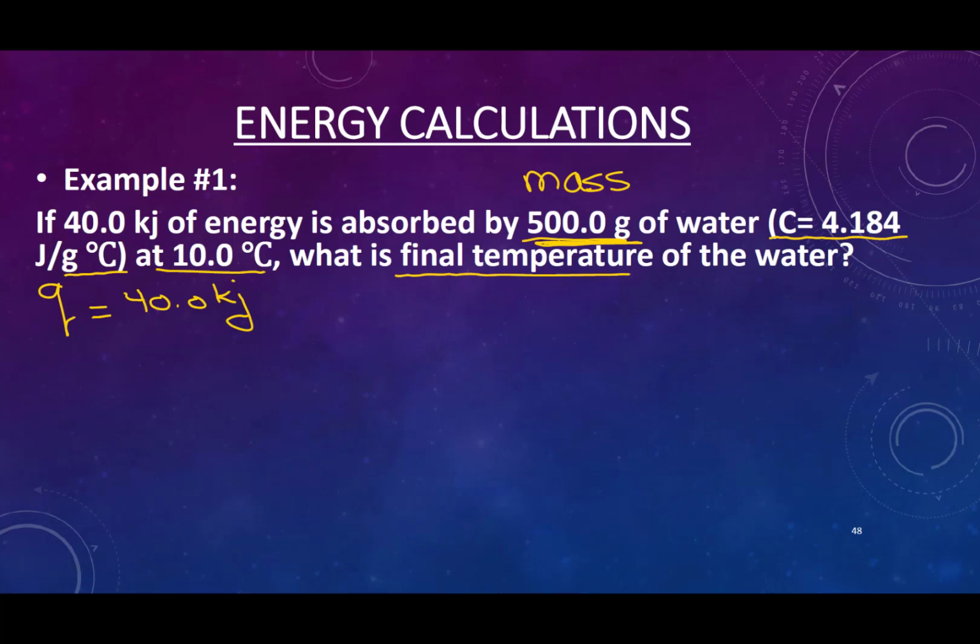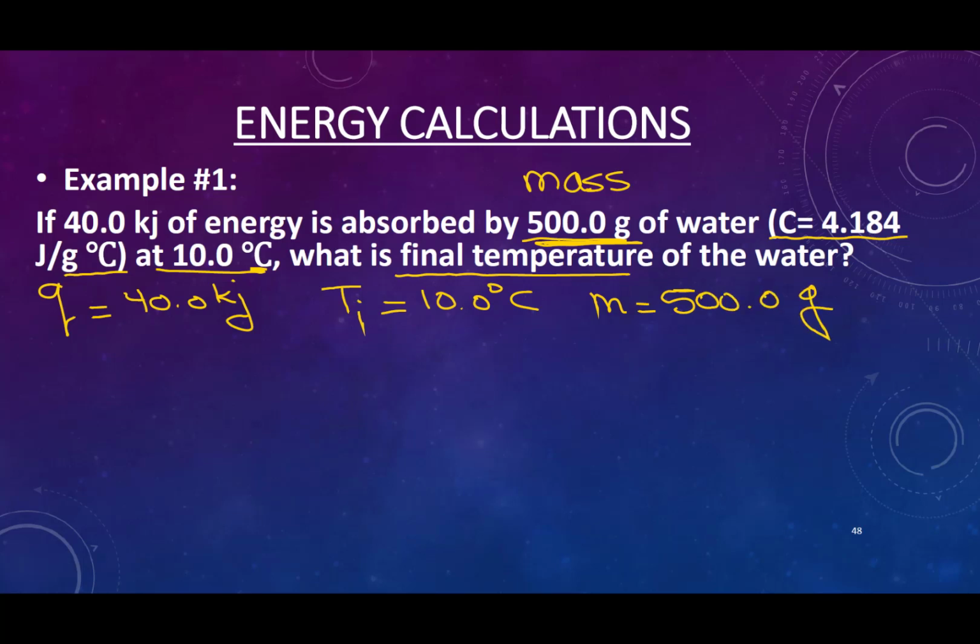Remember what I told you, you want to make sure the units for heat, temperature, and mass match the unit for specific heat capacity, or C. The temperature is already in degrees Celsius, that's T initial, or T1. The mass is already in grams, 500 grams.